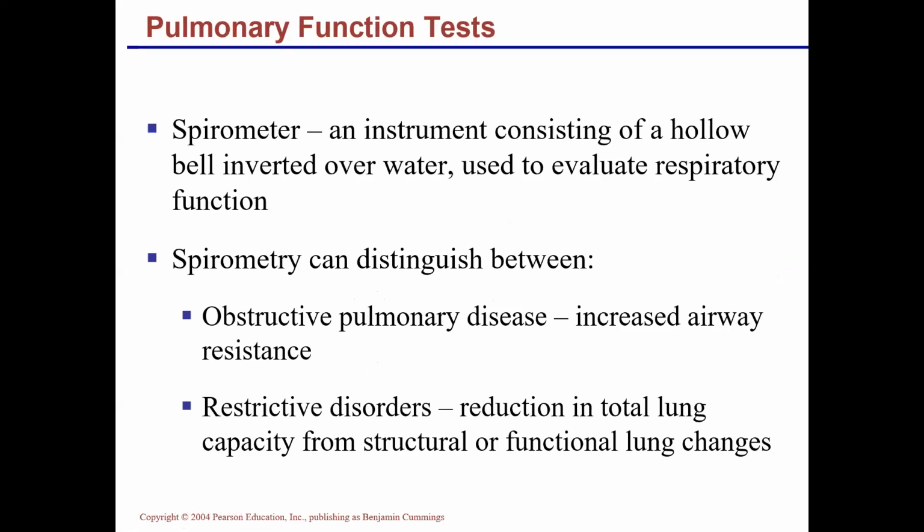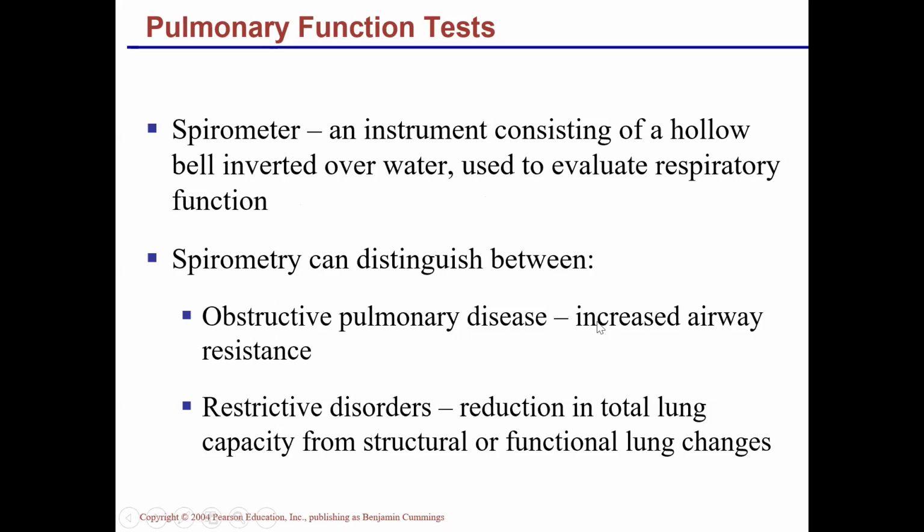All right, if we do pulmonary function tests, we use an instrument called a spirometer. You blow air into this instrument, and there's a meter to measure the volume. Using the spirometer, we can diagnose either obstructive or restrictive disorders.